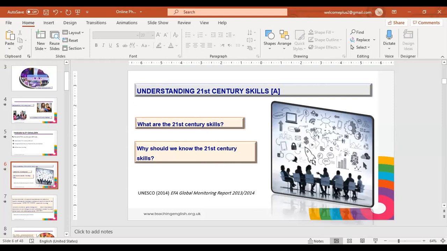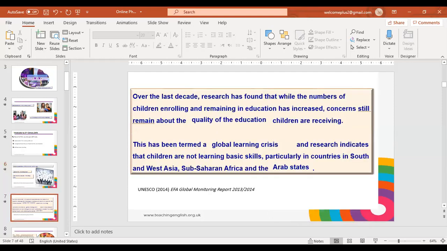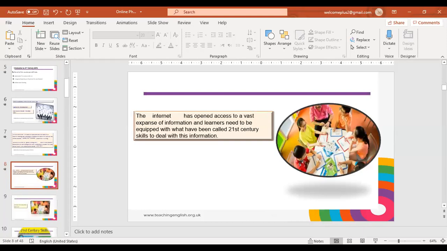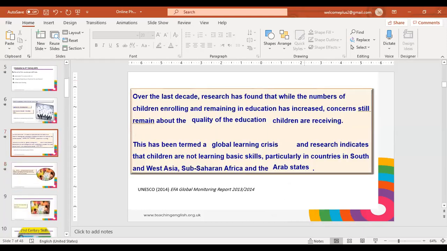We have here a report. It was written by UNESCO in 2014. And here they are focusing on three main points: the quality of education, as you can see here in the middle, as well as children.